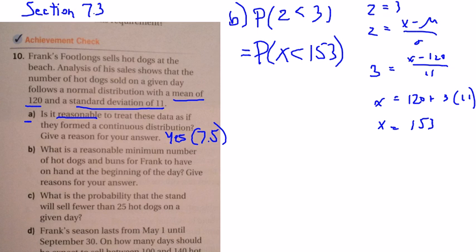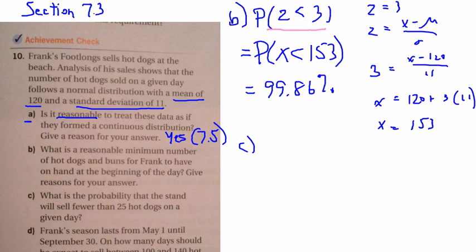And if I use this value here and look it up on the table, then we can say that that's about 99.86%. Ostensibly a 100% chance that Frank will sell less than 153 hot dogs. Now, it's arbitrary how close to 100% you want to get before you call it reasonable, but I think 3 standard deviations is pretty good. We capture about 100% of the possible sales.